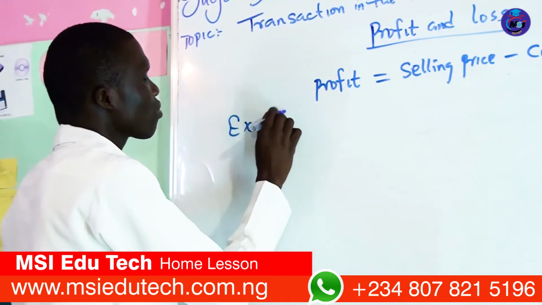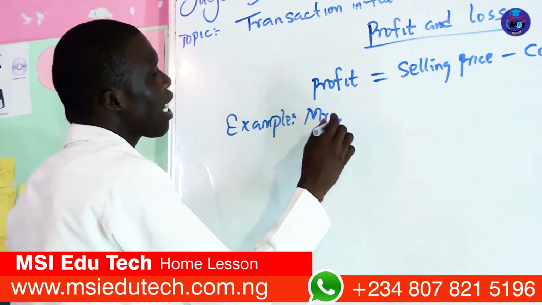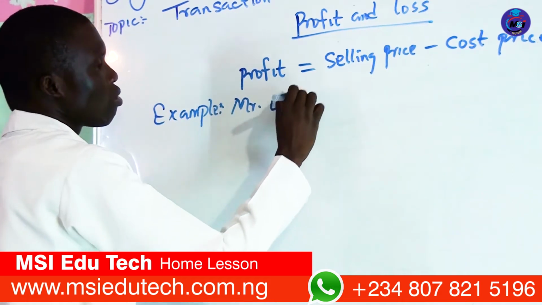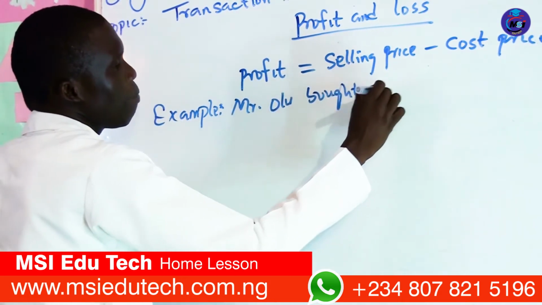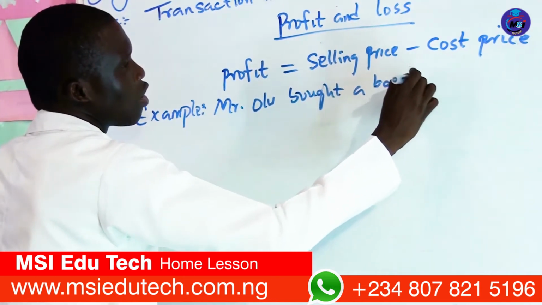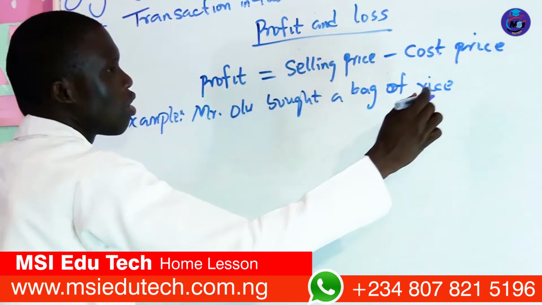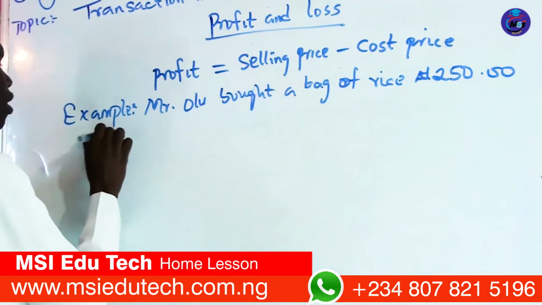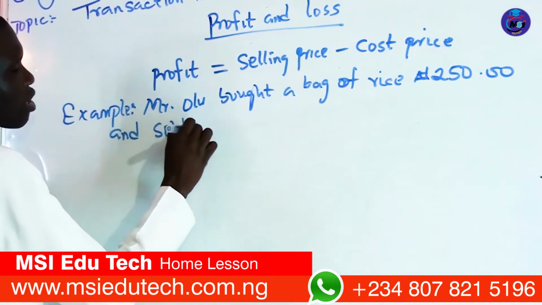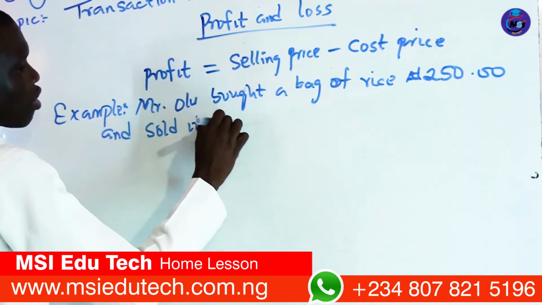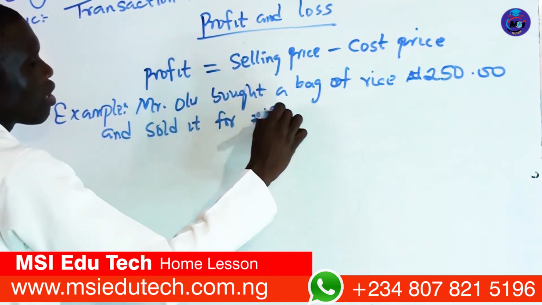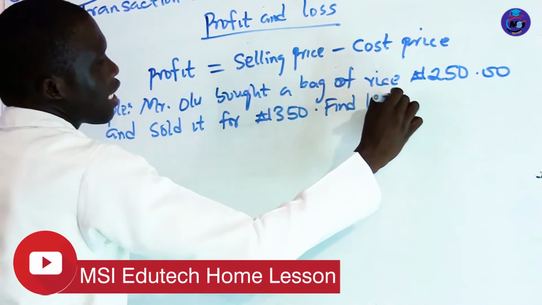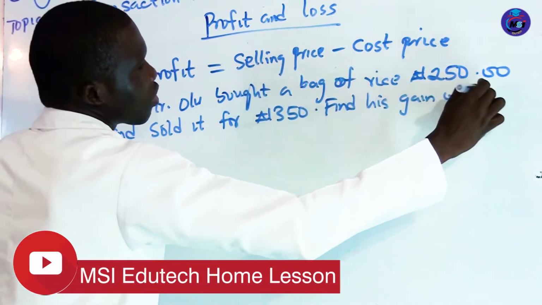Example: Mr. Olu bought a bag of rice for ₦250 and sold it for 350 naira. Find his gain or loss.